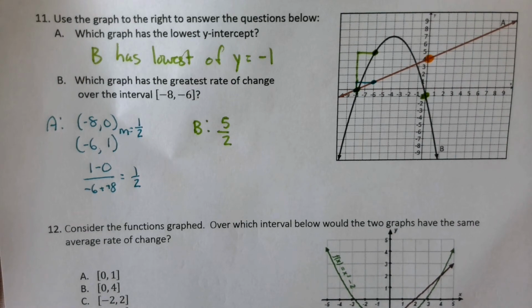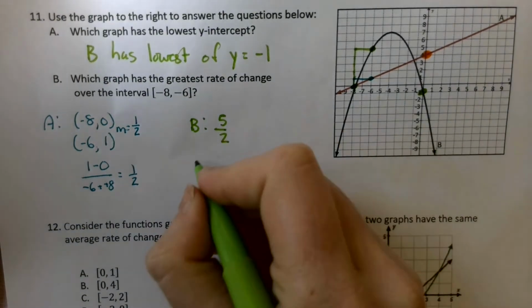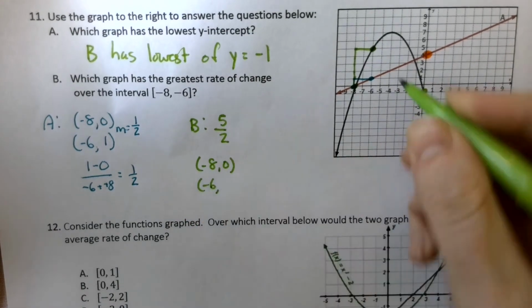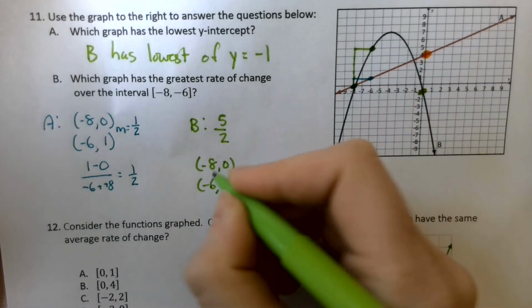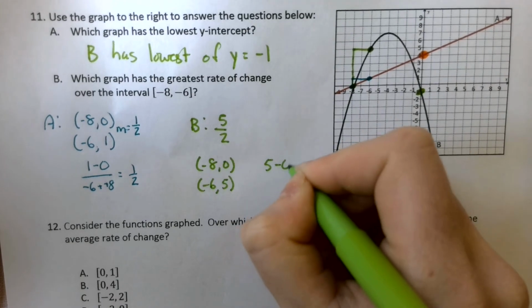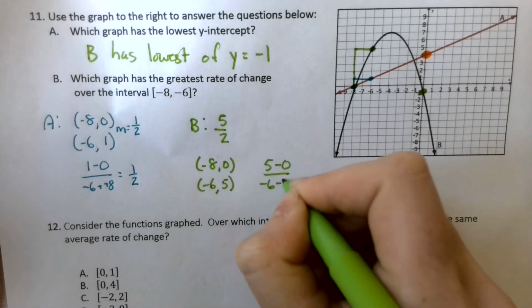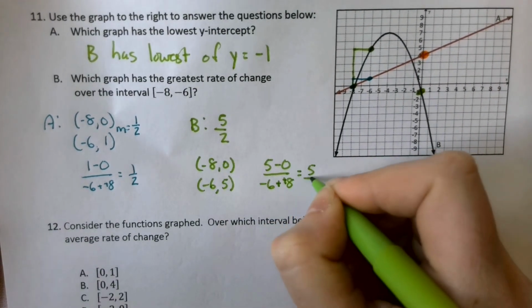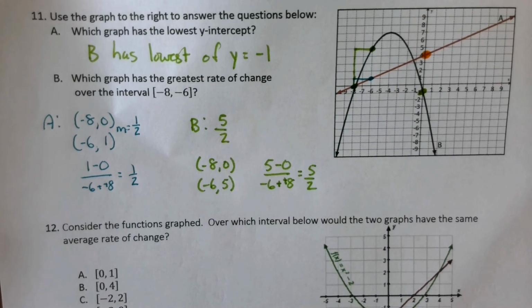You could also find those points. The points were -8, 0, and -6, 5. And so then that would be 5 minus 0 over negative 6 minus negative 8. Negative negative turns that positive to give us the 5 over 2. So either method will work.